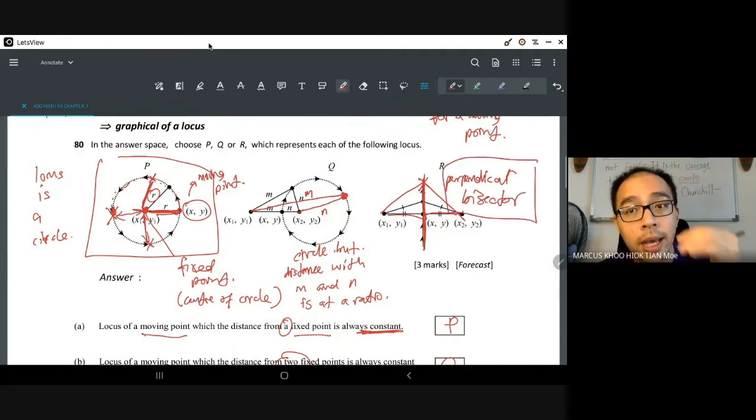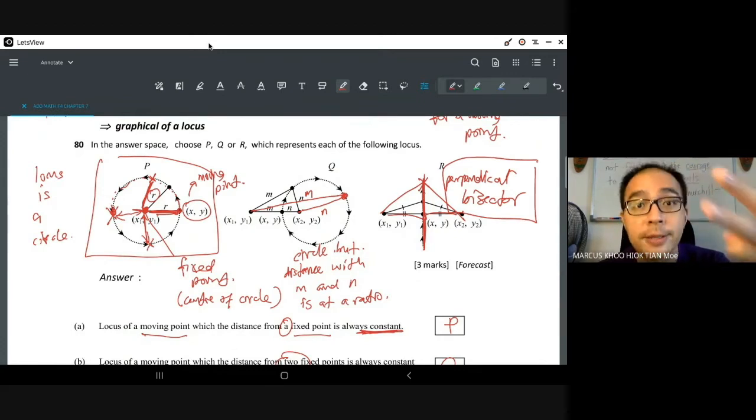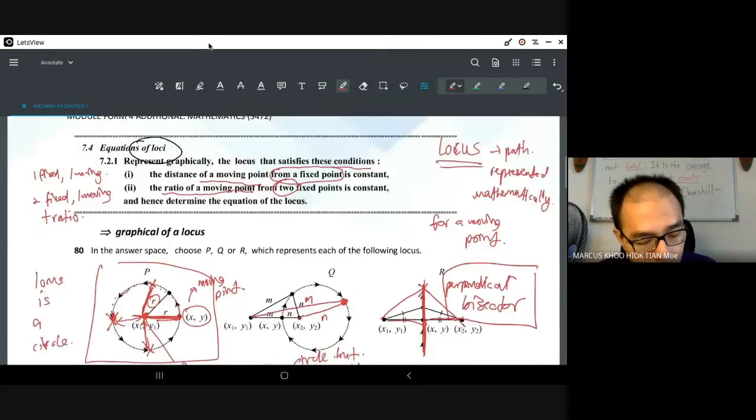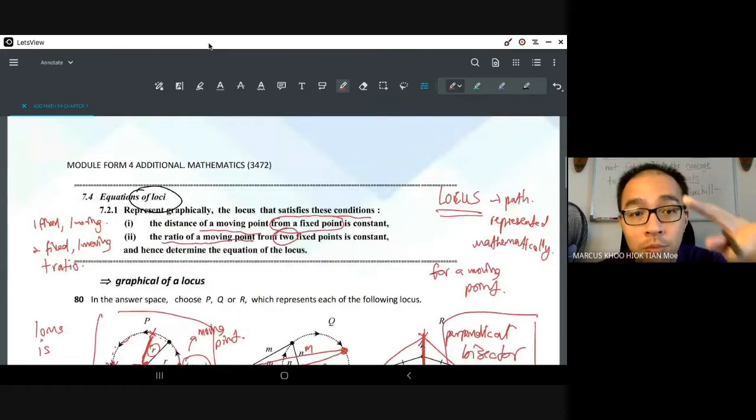So in Form 4 Maths, you are required to know these three loci, these three paths. I repeat: if it is one fixed point, one moving point, then it is a circle, and the fixed point is the center of the circle.